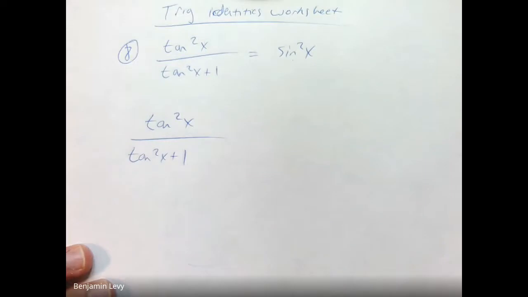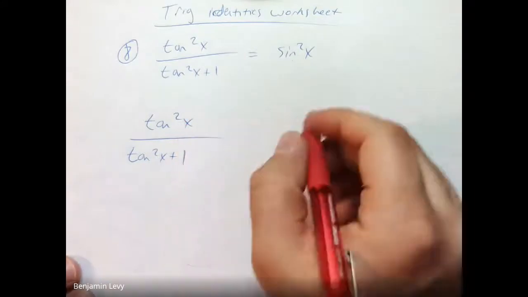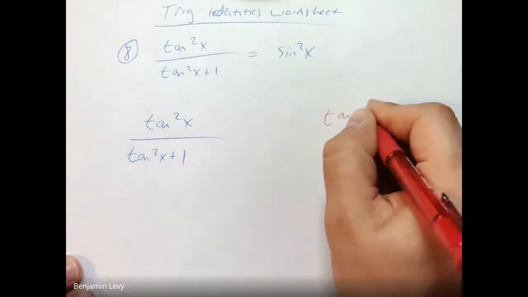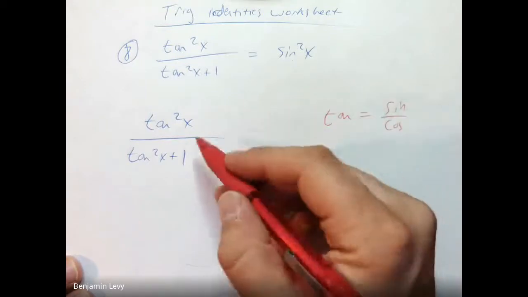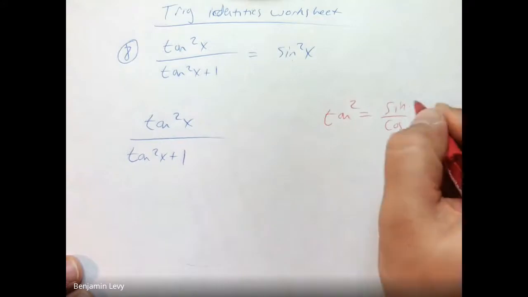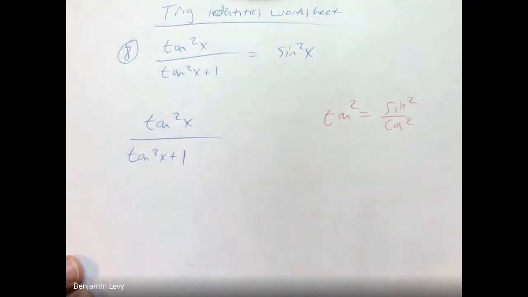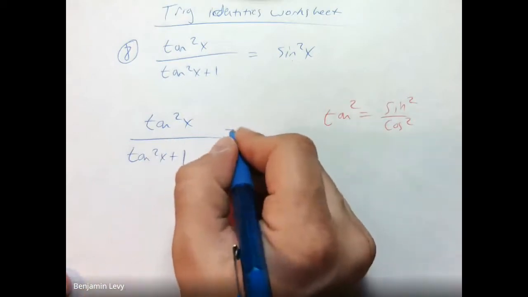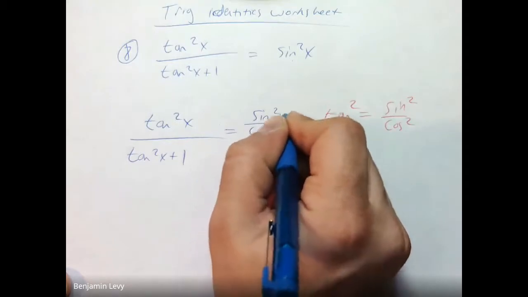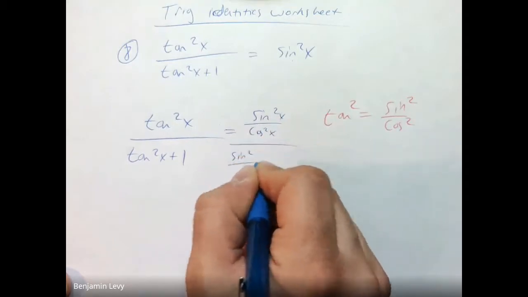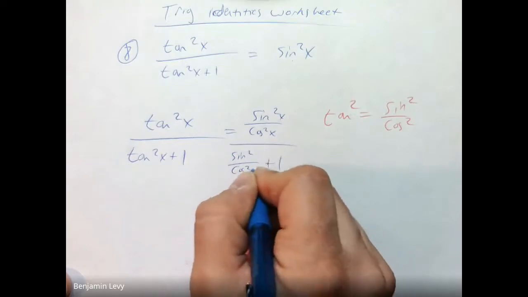Sorry, I got to adjust my screen real quick. The first thing we should do is change tangent into sines and cosines. I know that tangent equals sine divided by cosine, and if I have tangent squared, you just square sine and cosine. So the first thing we can do is take tangent squared and write it as sine squared over cosine squared, divided by sine squared over cosine squared plus 1.